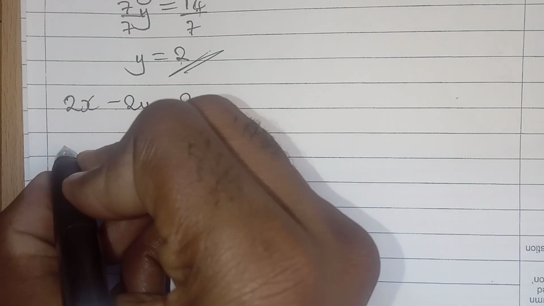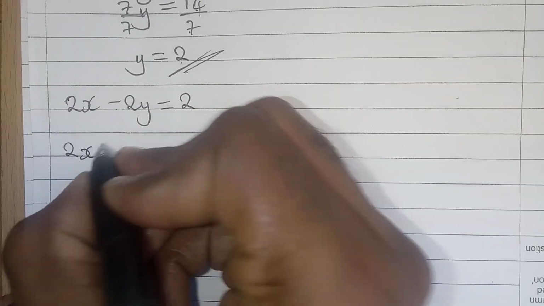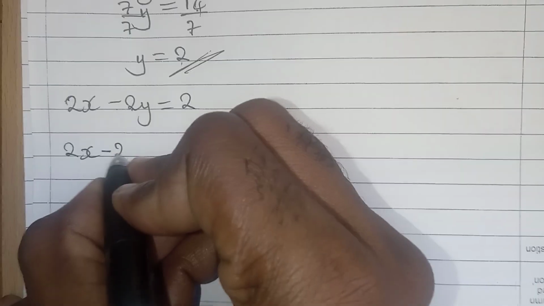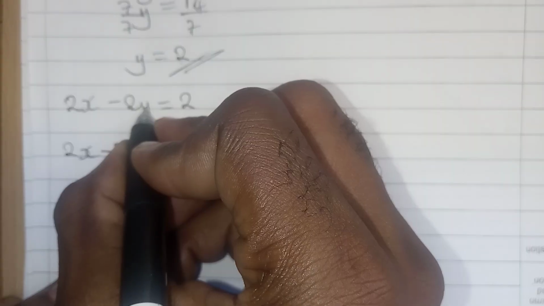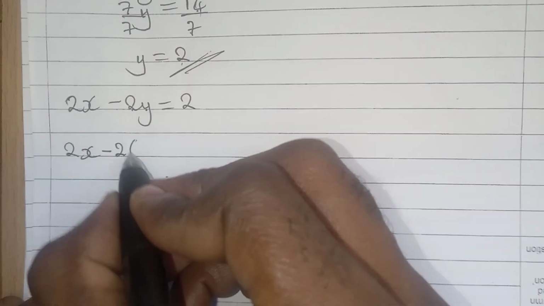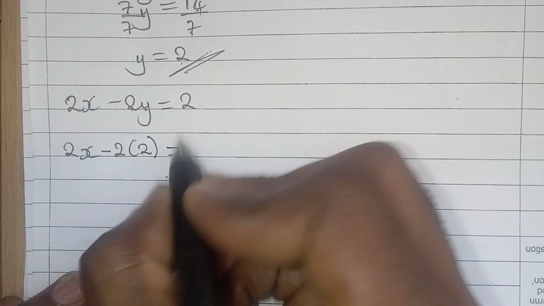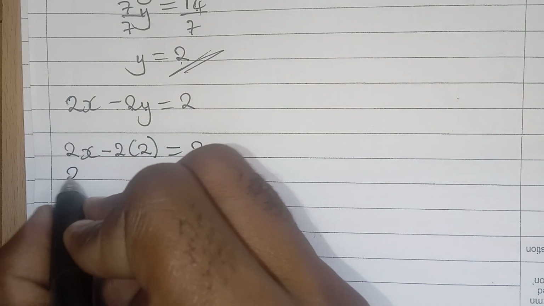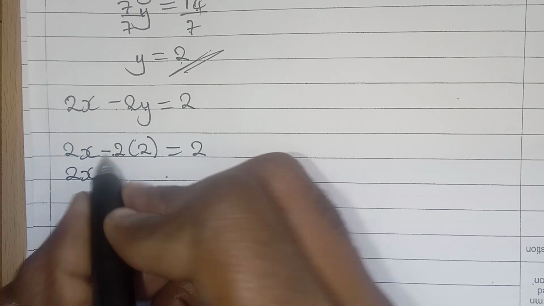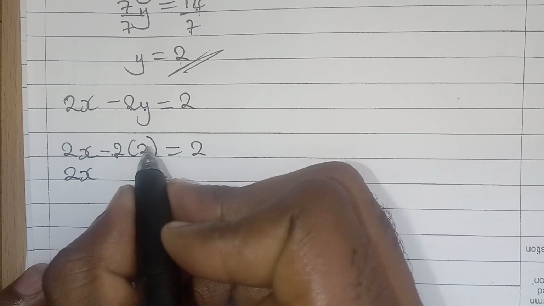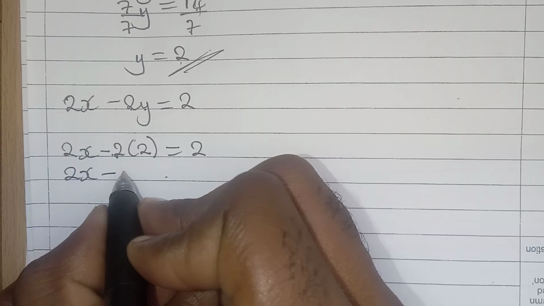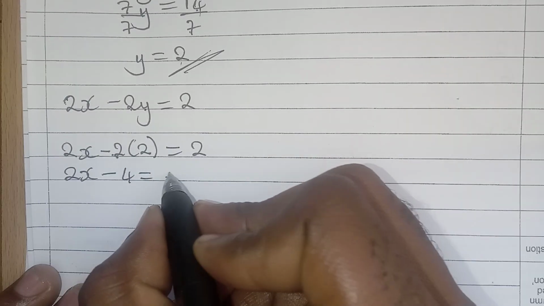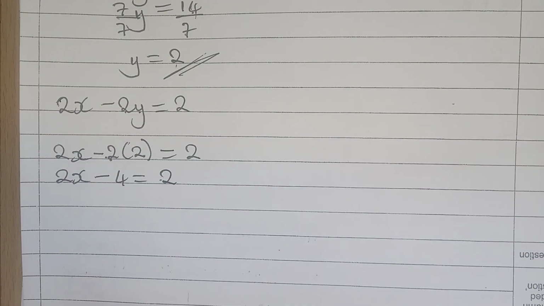So now we know that y is 2, so we can say 2x minus 2, y is known, y is 2, so you can put your 2 there, and then you have a 2. And then we have 2x, negative 2 multiplied by positive 2, this will be negative 4, for everything equal to 2.